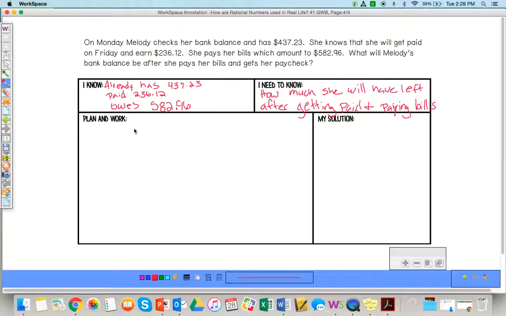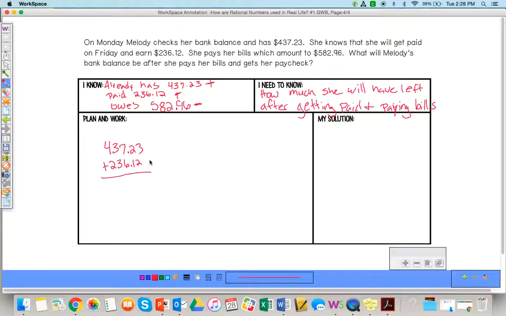Okay, so this is a positive situation, and this is a negative situation. So we are going to add these two things together first. So the first thing we're going to do is we are going to add $437.23 plus $236.12.